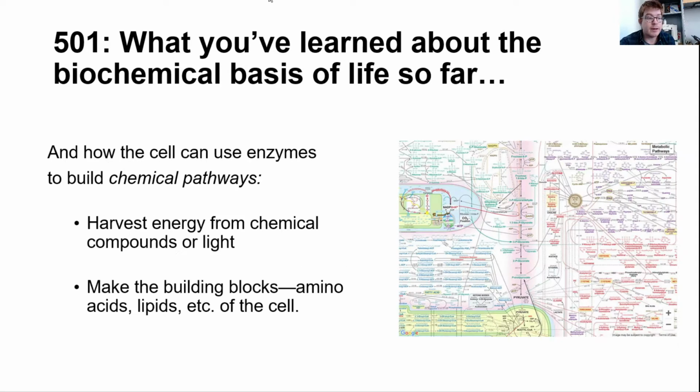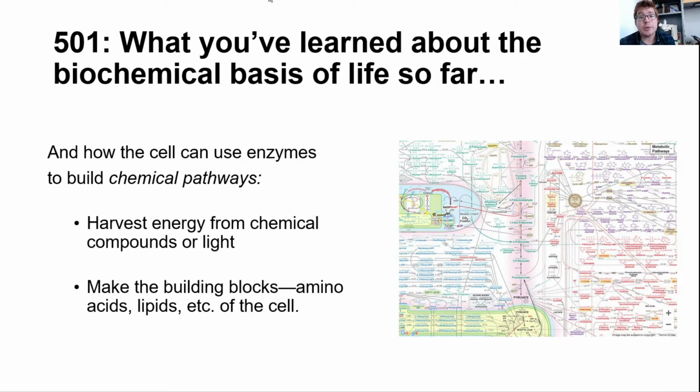You then learned that by taking different enzymes and connecting them together in the cell, you can build chemical pathways that can do all sorts of interesting things. They can harvest energy from chemical compounds like glucose, or they can extract the energy of light and store it in things like ATP. You also learned how cells can build new things using chemical pathways, such as the building blocks of most living systems like amino acids, lipids, and so on and so forth.